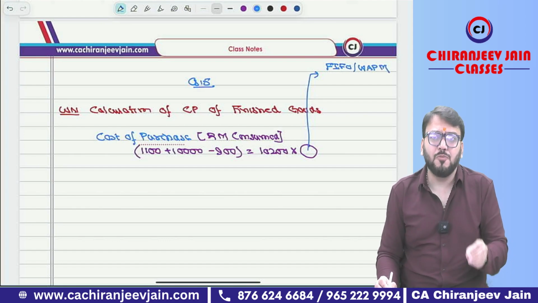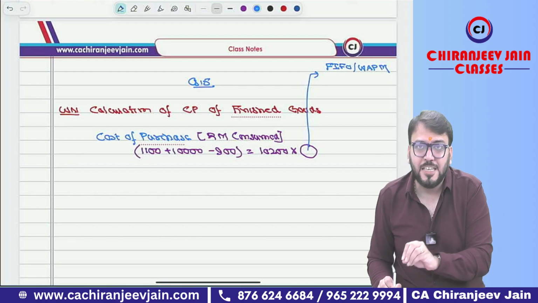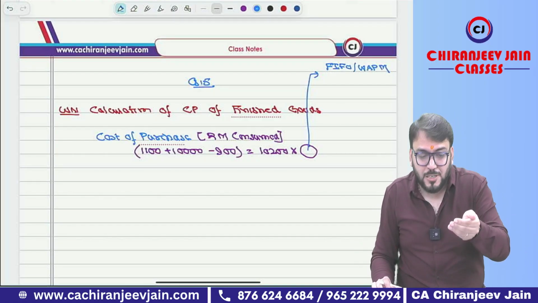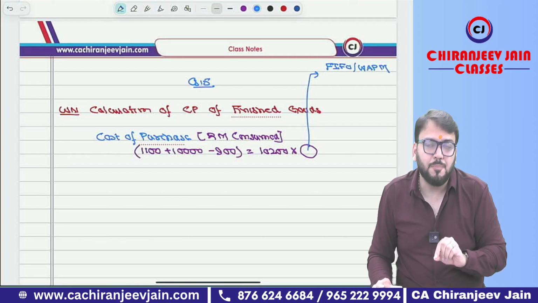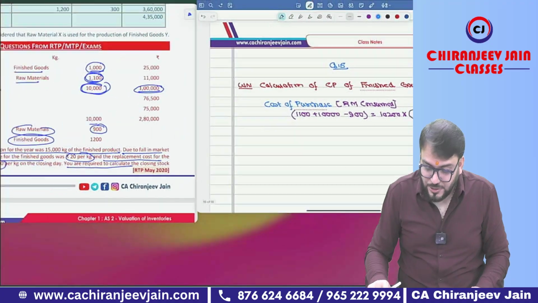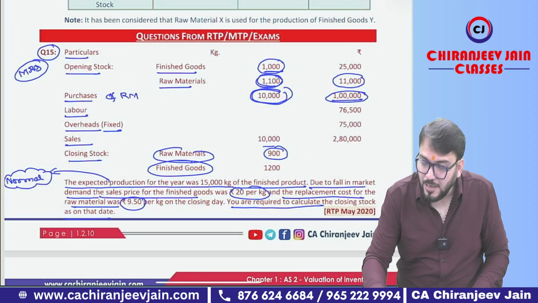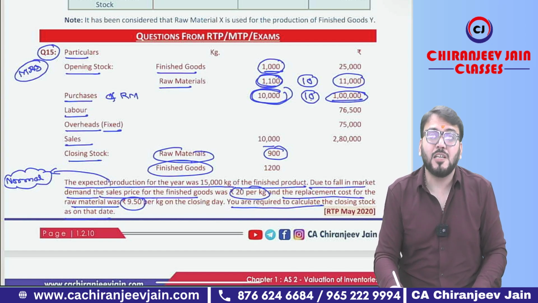Till now we have not discussed FIFO or weighted average price method, but I know you know about first in first out method and weighted average price method. When I say first in first out method, it means opening stock will be consumed first and then we will take consumption from purchase. Weighted average means on an average basis. Now in this case, opening stock, what is the cost price per unit? 11,000 divided by 1100 is equal to 10 rupees per unit, and this is also rupees 10 per unit because both are same.